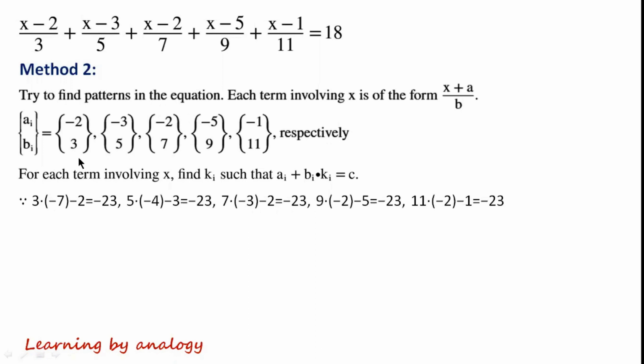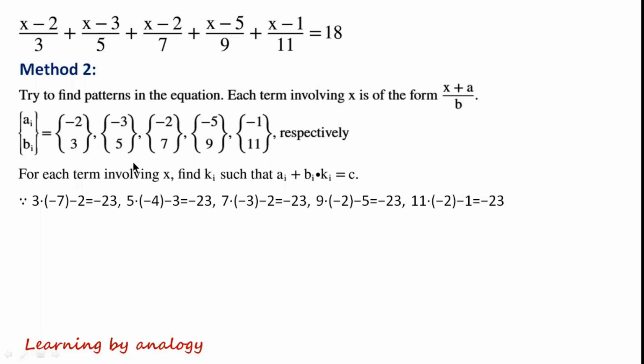So a1 equals a3 equals -2. Now look at b1 and b3, which are 3 and 7 respectively. The lowest common multiple of 3 and 7 is 21. -21 minus 2 equals -23.